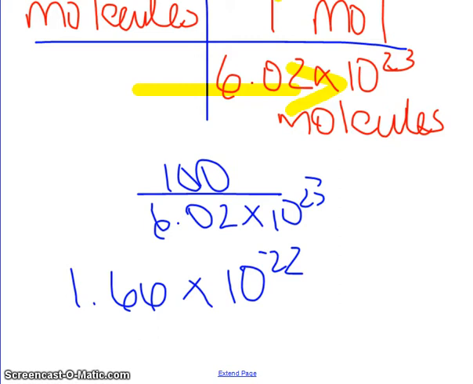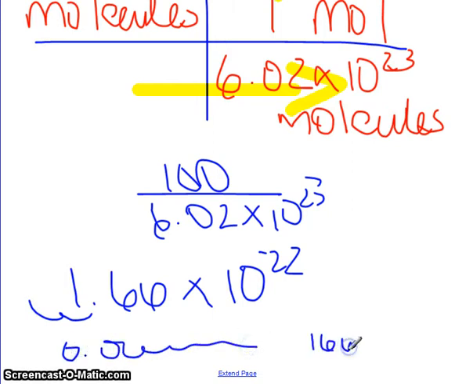So if you notice, this time we have to the negative 22nd power. What you have to keep in mind is you're moving the decimal 22 times, but in the negative direction, so to the left. So if we move to the left, that number is going to be way less than 1, which is exactly what we predicted. Just keep in mind that your unit to put is moles.